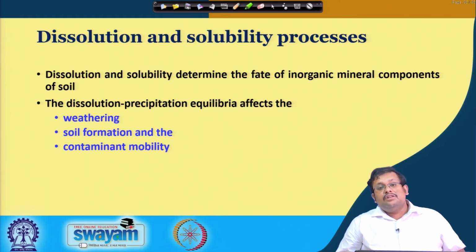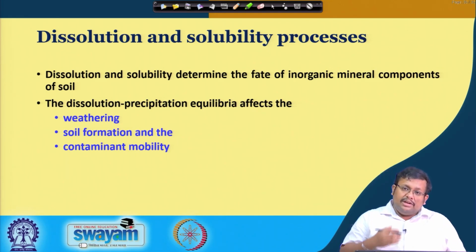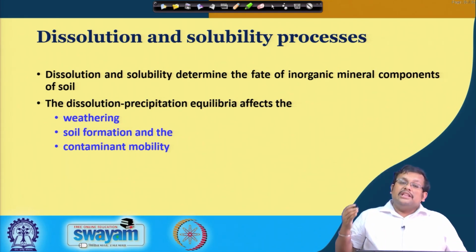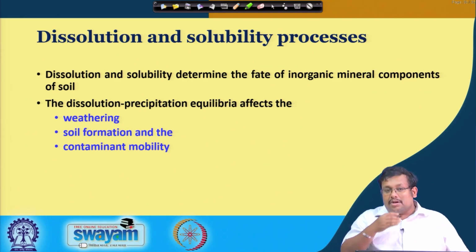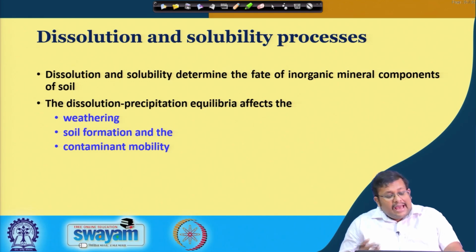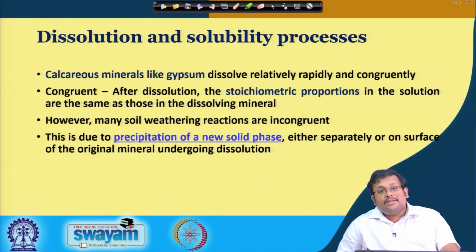Due to the solubility of different minerals, the weathering goes on, and when there is no further solubility of the mineral, obviously the weathering process stops there. Also soil formation depends on dissolution, solubility and precipitation, and contaminant mobility also depends on this process.